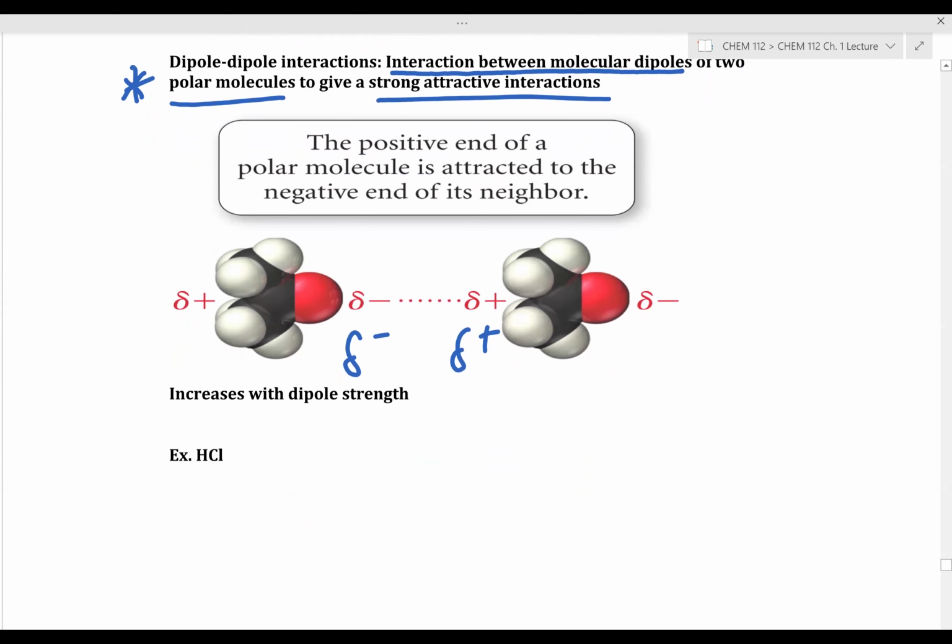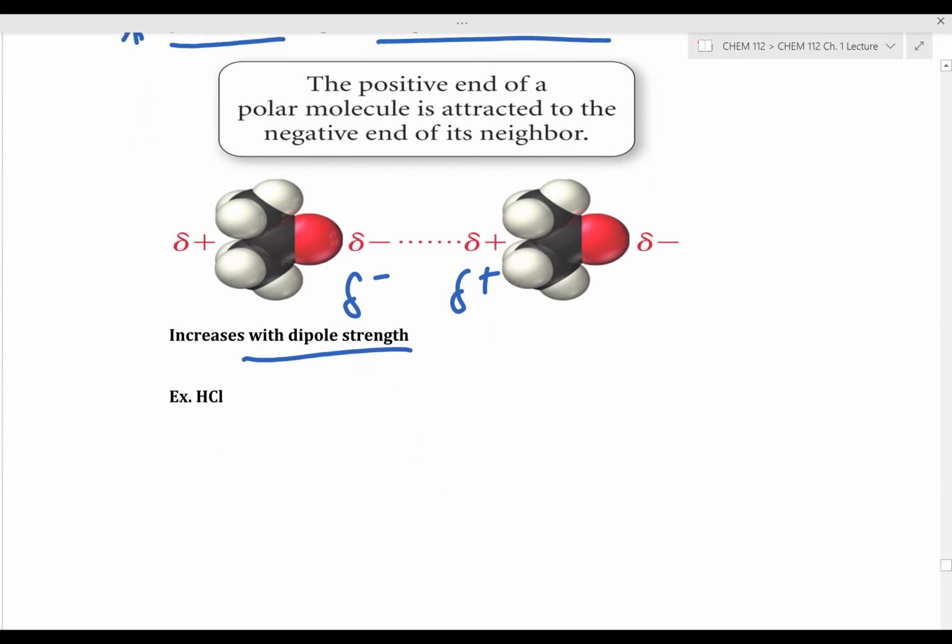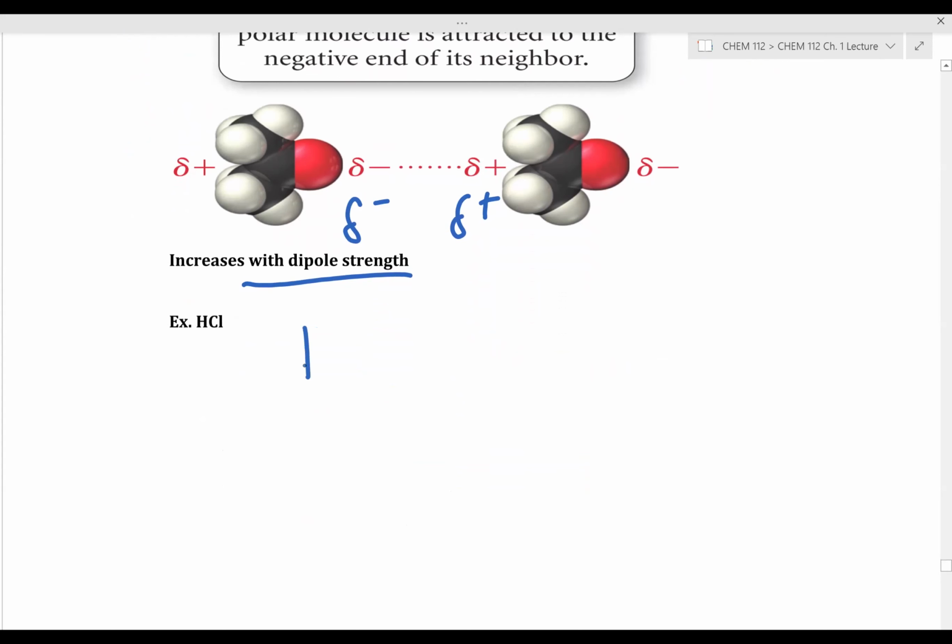Now, these dipole-dipole interactions increase with dipole strength. So for example, looking at a hydrogen-chlorine bond, is this bond substantially more polarized? Yes. So there's a much larger delta minus and a much larger delta plus.